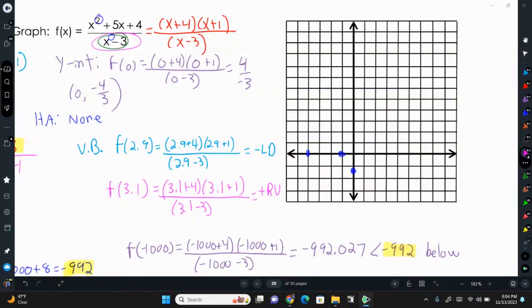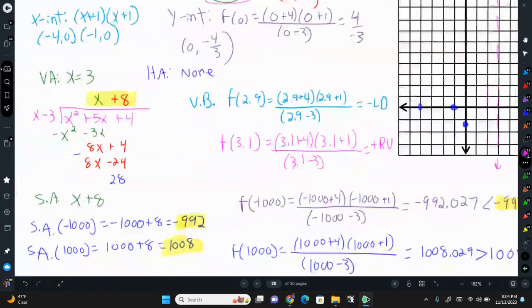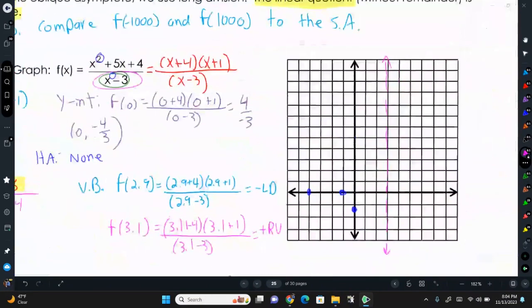We have our vertical asymptote at x equals 3. And now our slant asymptote is the equation x plus 8. So let's go up to 8 on the y-axis: 1, 2, 3, 4, 5, 6. And a slope of 1 means up 1 and right 1. So our slant asymptote is like this.